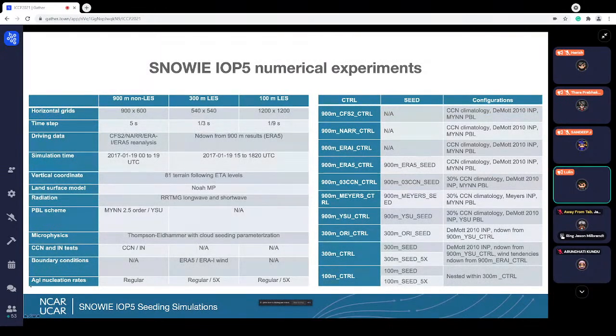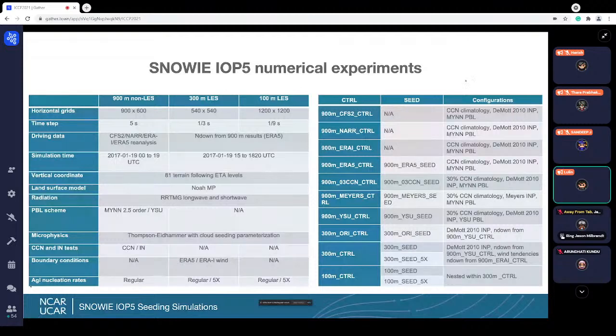And here are the total different simulations being conducted for this case, with the descriptions on the right, changing different IN and CCN backgrounds, and also changing PBL, etc., to make sure we get the most representative simulation done in our sets of simulation.